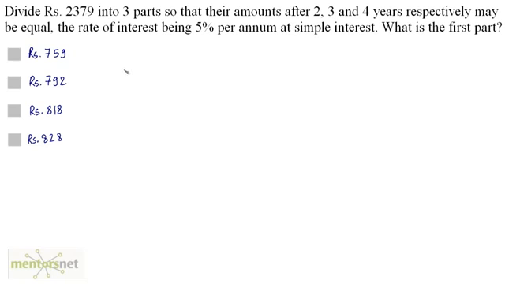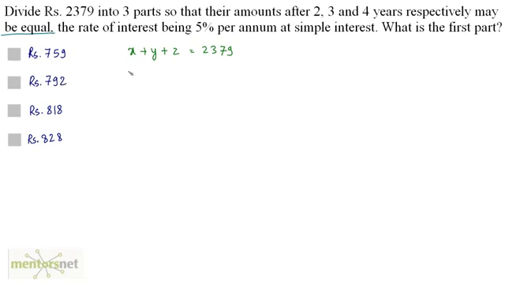Let these 3 parts be x, y and z. So I can write x plus y plus z is equal to 2379, and these parts are invested for 2, 3 and 4 years at 5% per annum simple interest, right? Now it is also said that their amounts after 2, 3 and 4 years respectively may be equal.